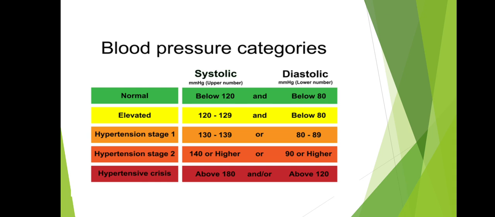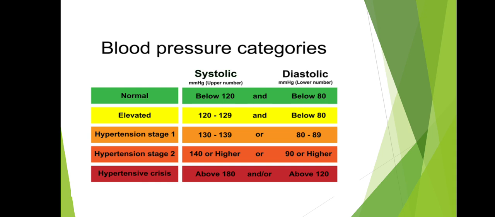Then the diastolic is about 90 or higher. Then we describe someone to be in hypertensive crisis. This is too much and it can lead to a medical emergency. The problem with hypertension is that it leads to organ failure.